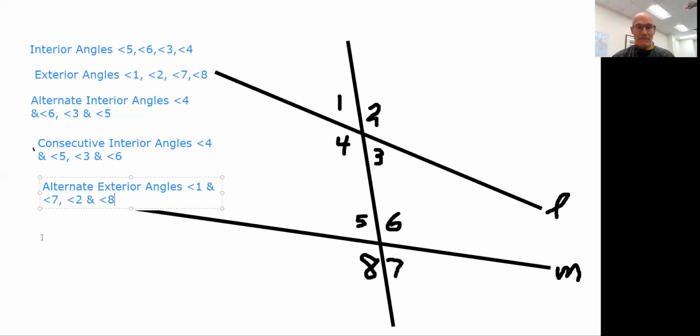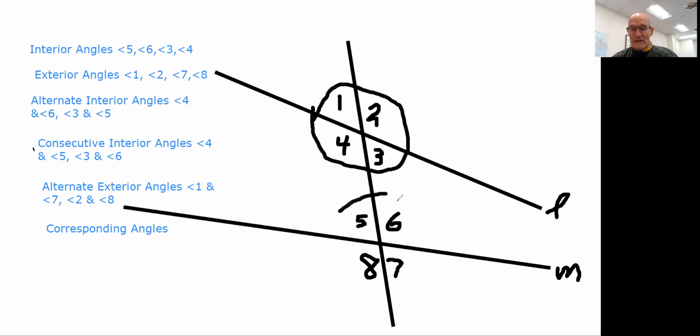Now, the final type of angle that we looked at in this section is what is called corresponding angles. Now, corresponding angles, if you look at each one of these intersections, like if you look at those 4, and you come down here and look at these 4, in each case you would have an upper right here, and you would have an upper right here, or you would have a lower right here, and you'd have a lower right here.